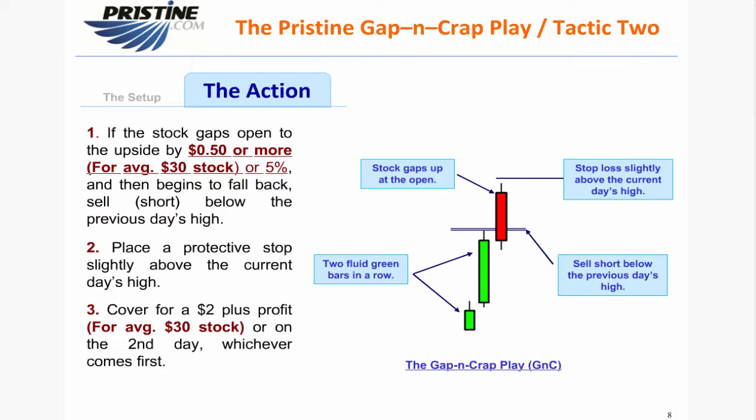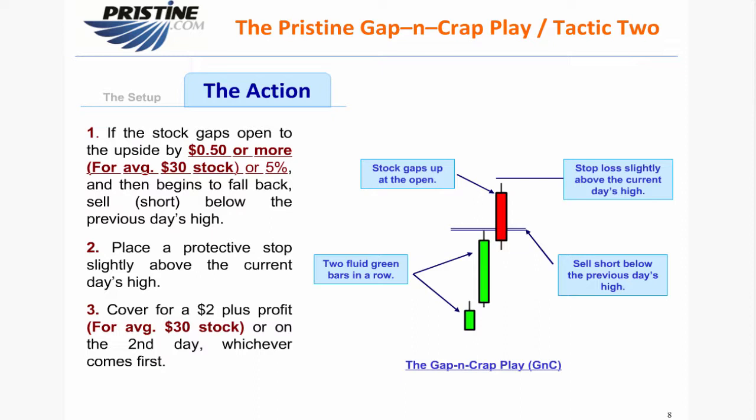And if it breaks below the prior day's high, you are going to sell it short. Your stop is going to go slightly over the current day's high, and you're going to look for a $2+ move lower, or cover it on the second day, whichever comes first.